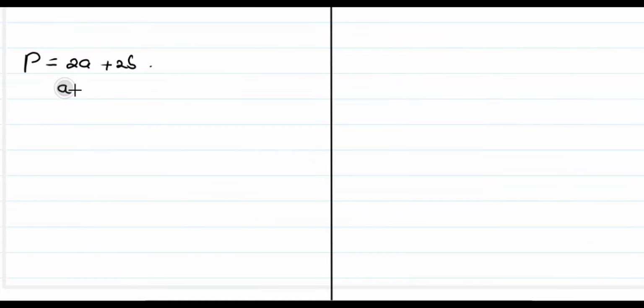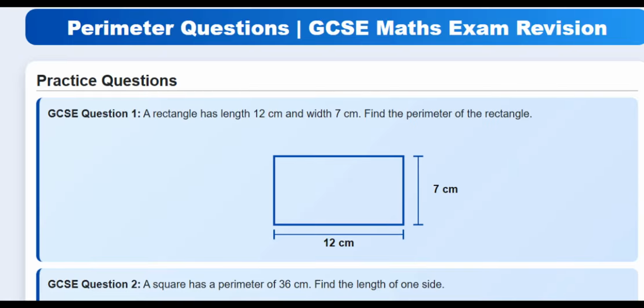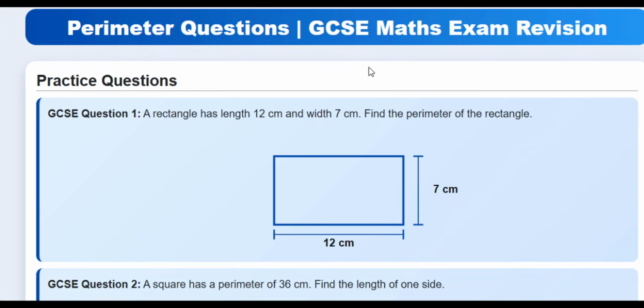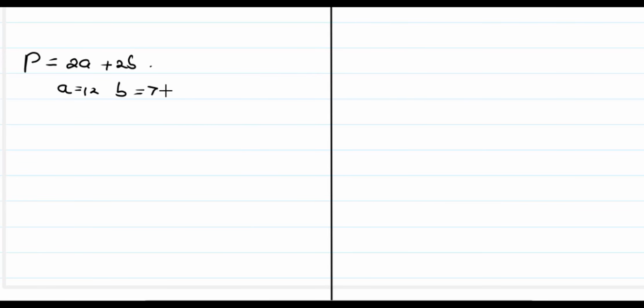So now here we are given a, which is 12 centimeters, of course the length, and then b, which is 7 centimeters. Then we are told to find the perimeter.